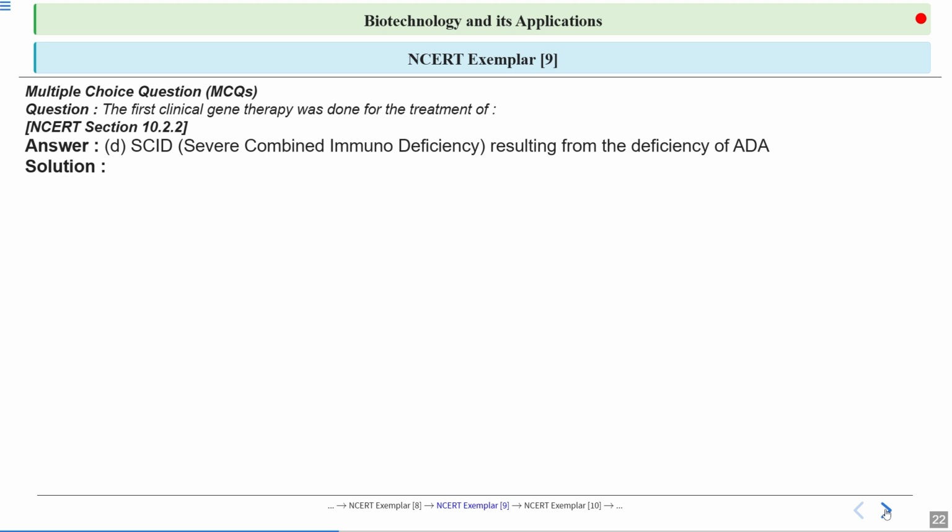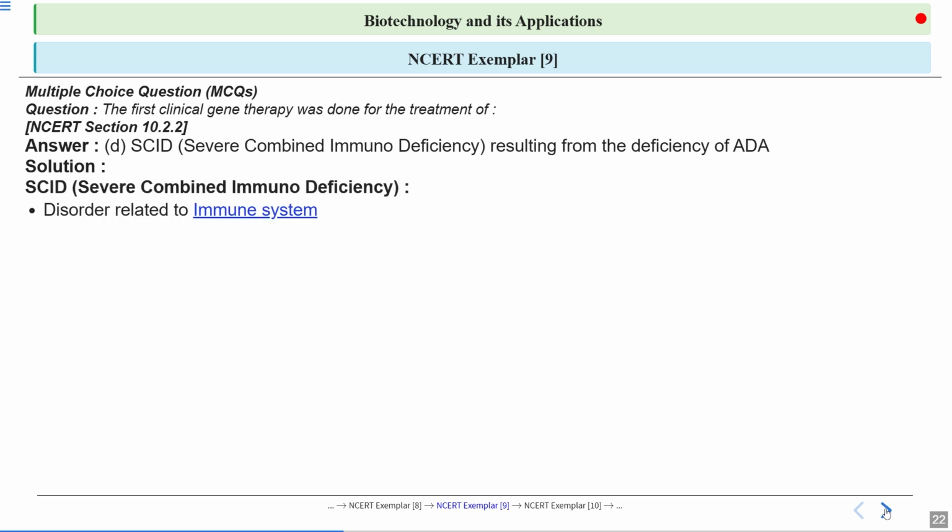The first clinical gene therapy was done for the treatment of SCID, that is severe combined immunodeficiency. Why does it happen? It results from the deficiency of the enzyme ADA, that is adenosine deaminase. SCID is a disorder related to the immune system.